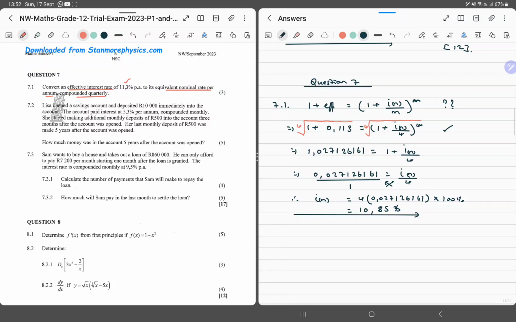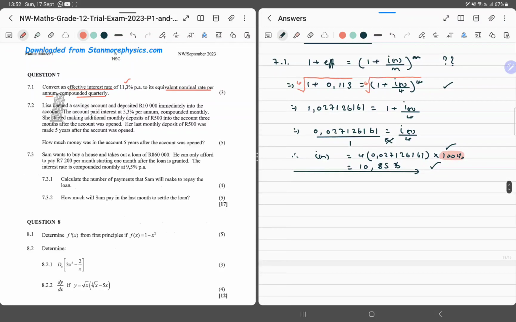So essentially multiplying this by 100 is the other mark. The rest goes to the answer. Because doing this is very important. If you don't do it, you might find yourself in trouble.